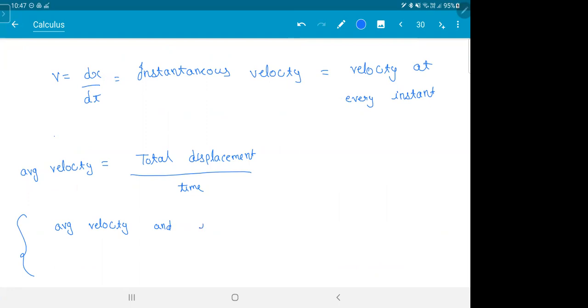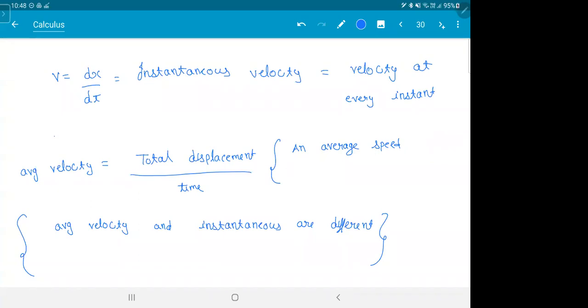You can just add this point here. So basically average gives you a totality of the motion. It gives you an average, the motion covered. With an average speed the particle has to cover the same distance.